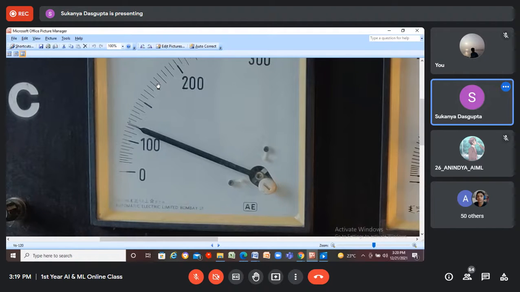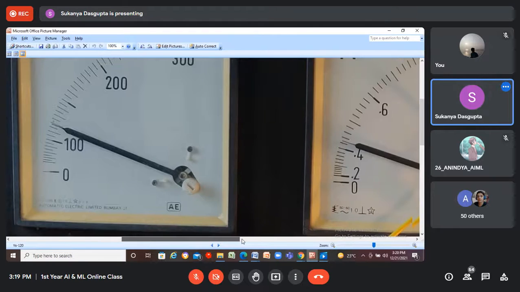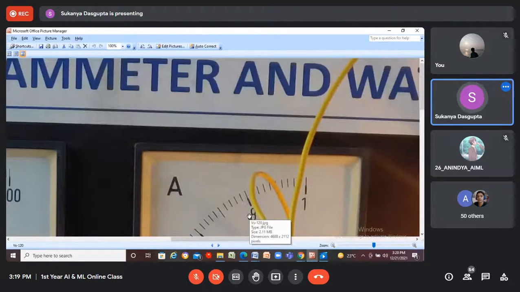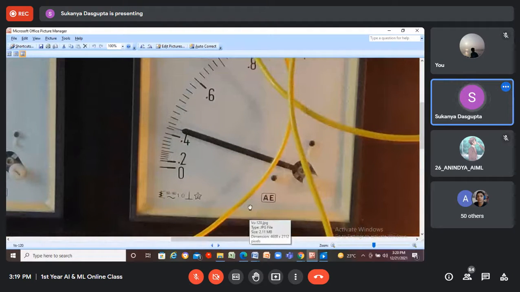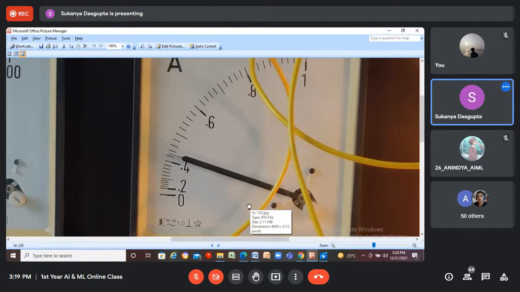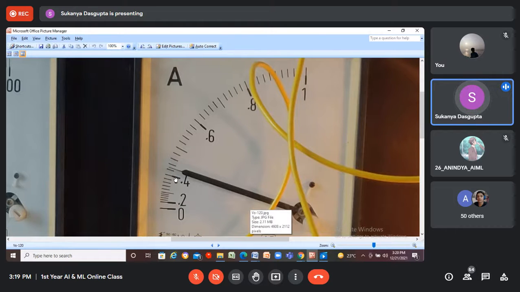Right? Yes, ma'am. So at this moment, what are the values of the standard ammeter? This is 0.4, this is 0.6, this is 0.5.